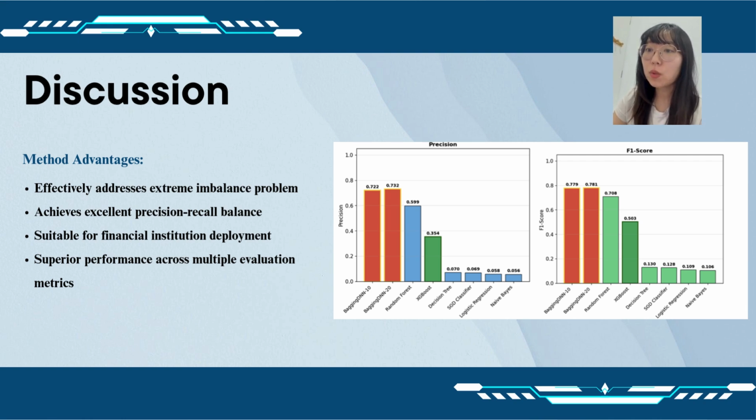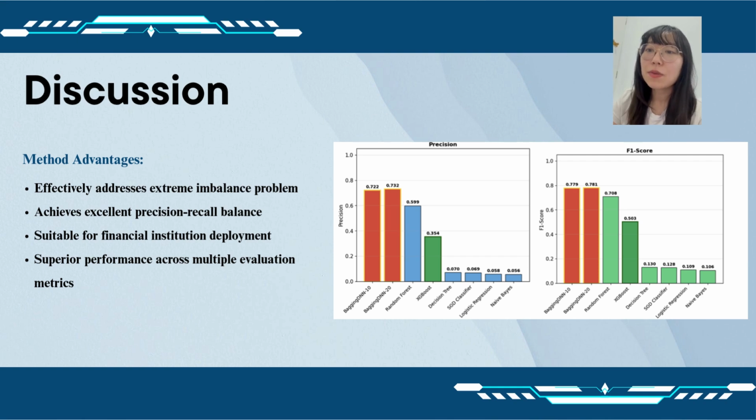This allows the model to learn more effectively from limited fraud examples. Second, the proposed method achieves an excellent balance between precision and recall. This is especially important in financial scenarios where high recall ensures the fraudulent transactions are caught and good precision avoids too many false alarms that could affect customer experience.